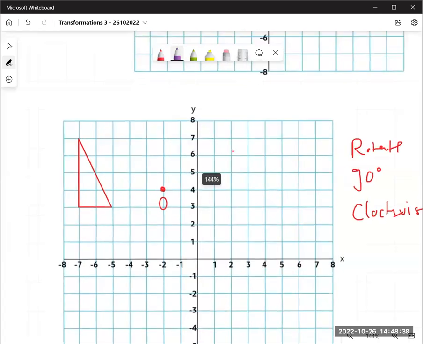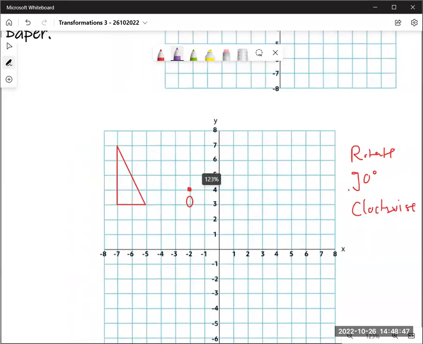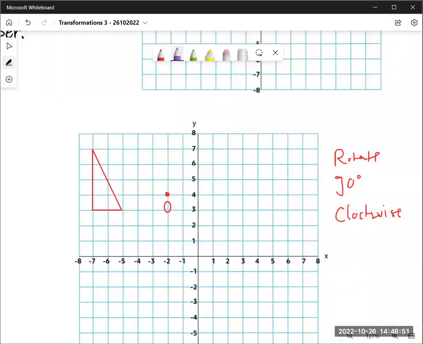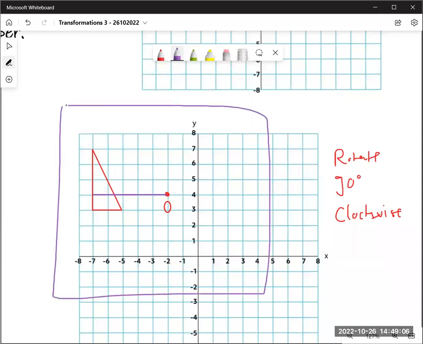Now, Shreya, work with me. How do I rotate this? How many degrees? 90 degrees clockwise. So first, make an axis. Okay, done. Now let's use our imaginary tracing paper to rotate it 90 degrees.